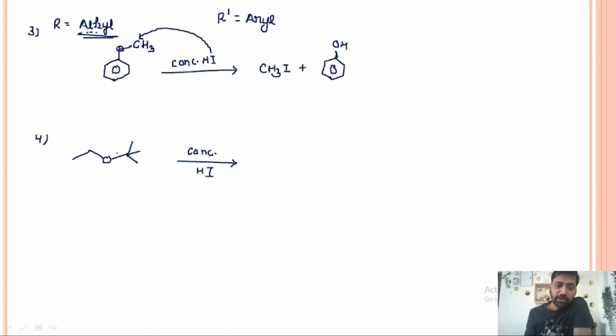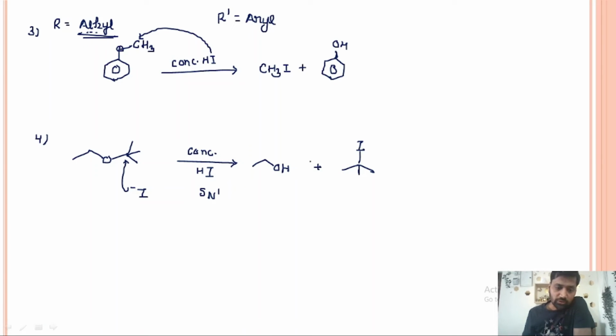In this kind of case, you have to remember that the nucleophilic substitution will always take place on the tertiary carbon. That is, the reaction is going to take place by SN1 mechanism, and the nucleophile will attack on the tertiary carbon, right? So you will get a primary alcohol along with the tertiary butyl iodide.